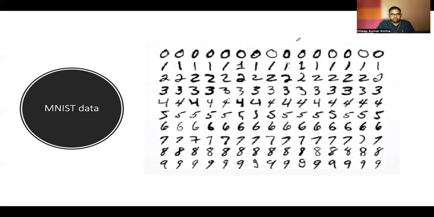So we have 10 classes, since we have 10 digits from 0 to 9 to classify the given input data. Each handwritten digit you see is a 28 by 28 image, which is given as input to us.